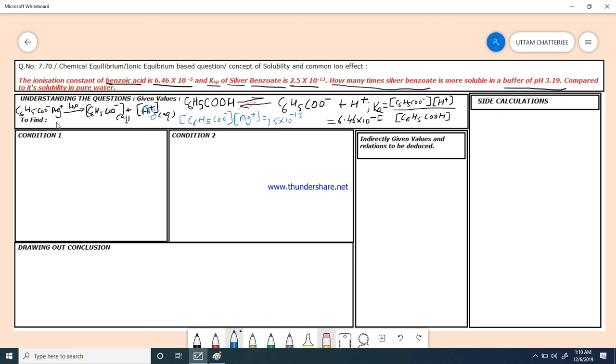That is, Ksp is equal to 2.5 × 10 to the power minus 13.